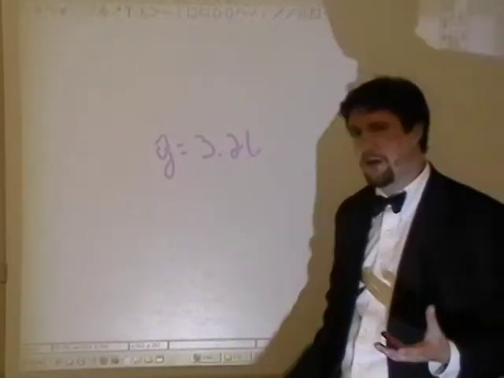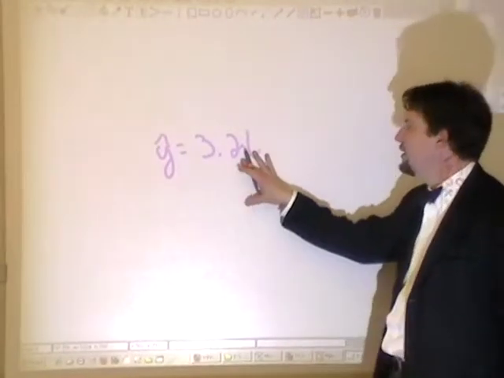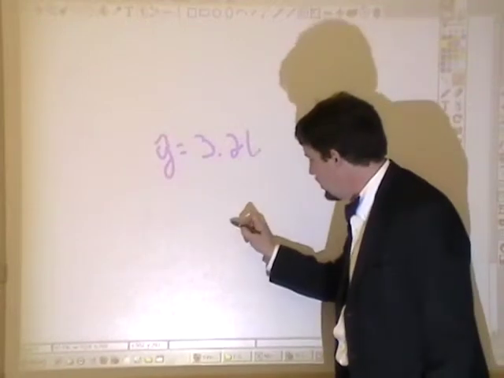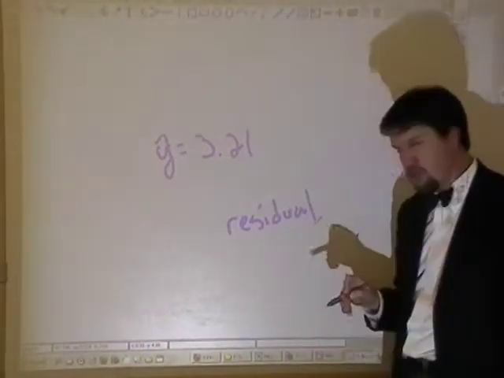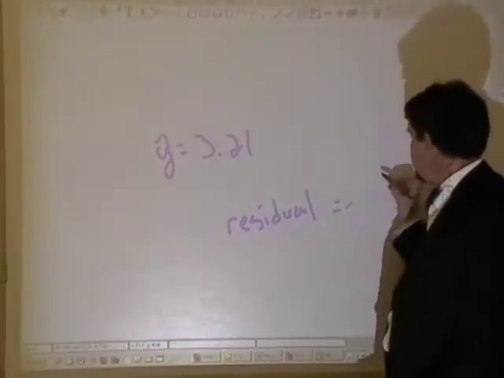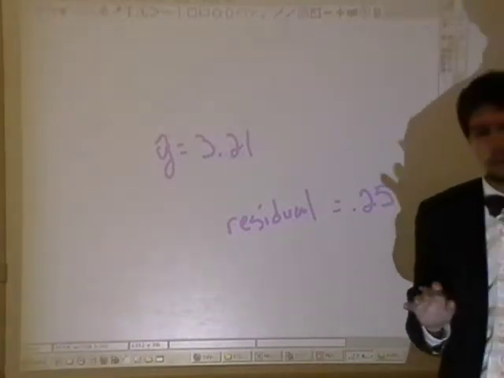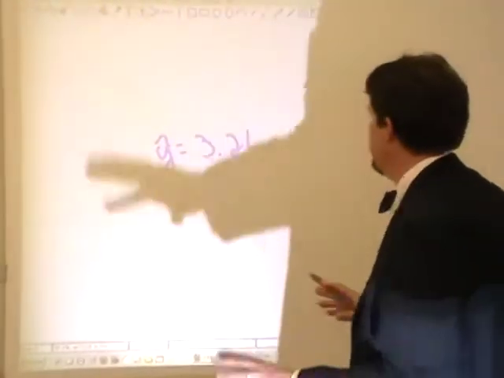Now, what if we had another piece of data in here, and I gave you this information, I said, well, you know what? The residual for that piece of data is, let's make it 0.25. So, can you tell me what the actual score was for the freshman year GPA?